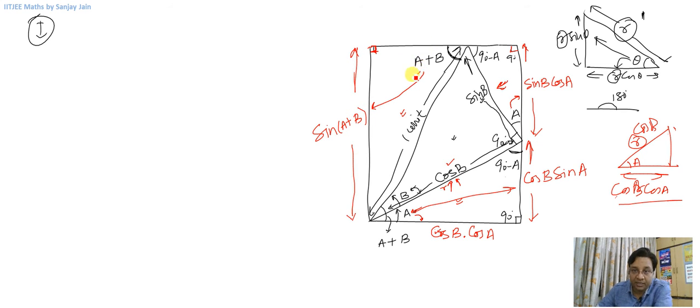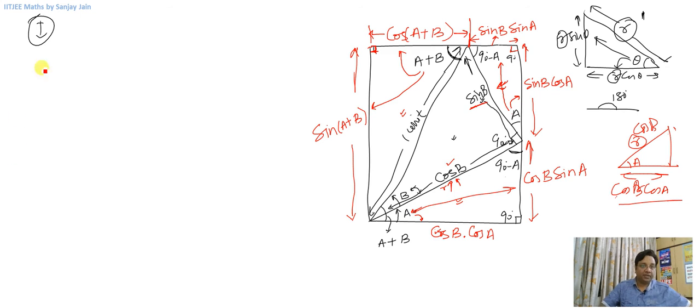And what will be the side adjacent to this angle? It will be cos(A+B), alright? That is up to this point. Now this portion is left only. What will be this portion? Now see, this is angle A, opposite this angle A will be sin B sin A, that is this portion.